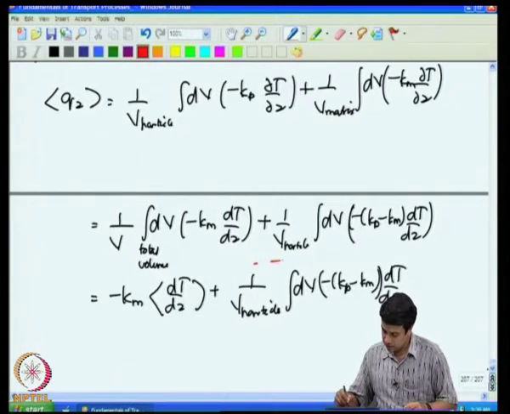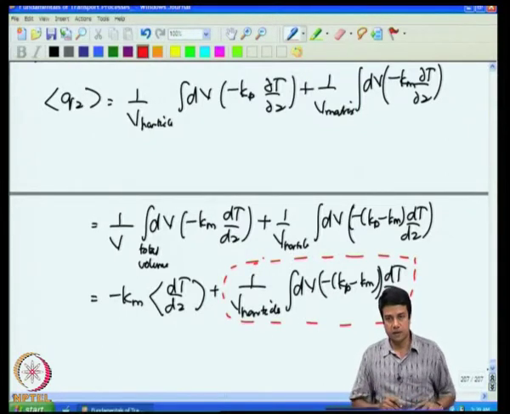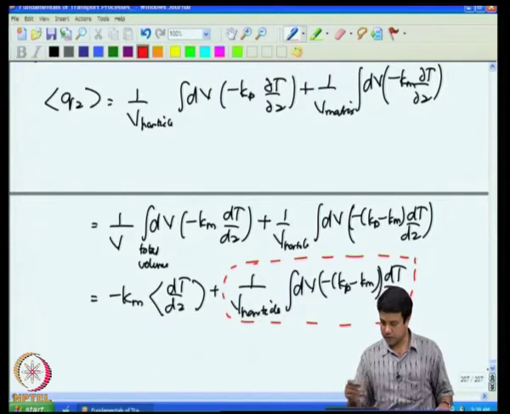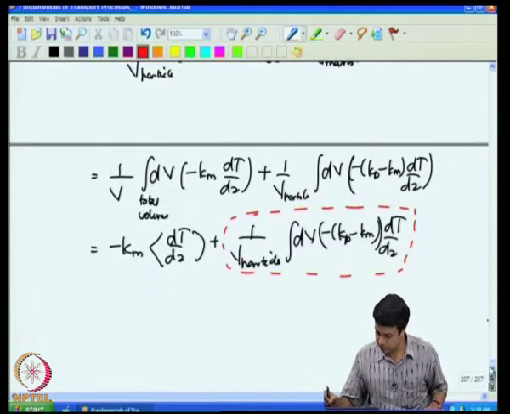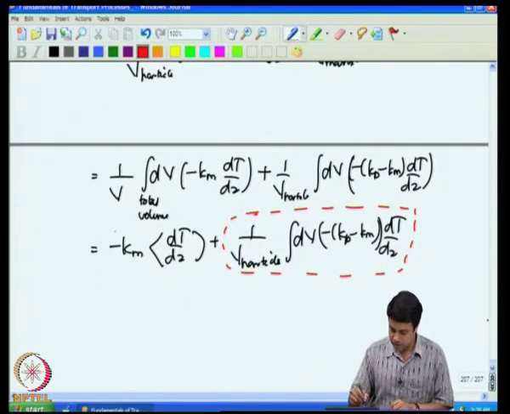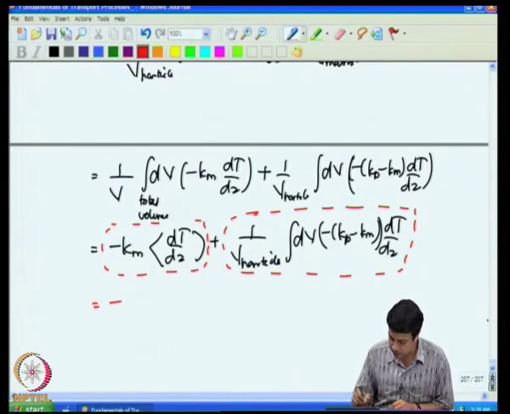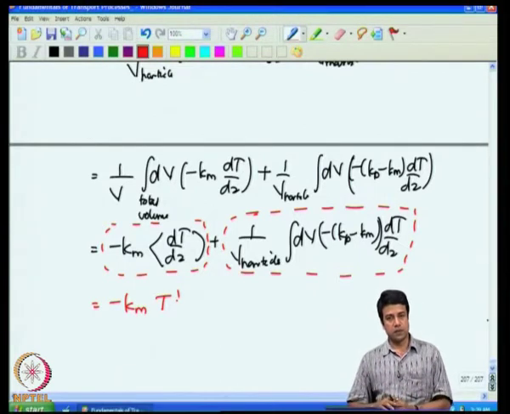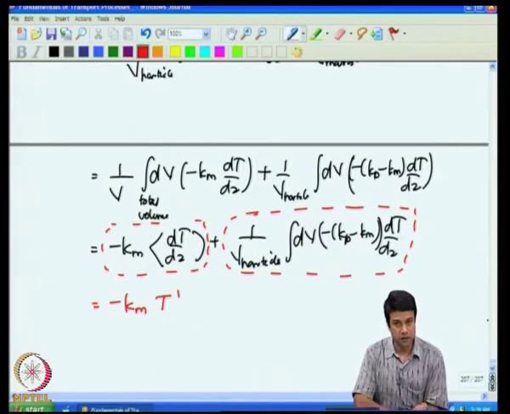So, this second term gives me the correction to the heat flux due to the presence of the particle. This first term is just the average contribution of the matrix. This is just equal to minus Km times T prime, the heat flux due to the imposed temperature gradient, and the second term gives me the additional contribution due to the presence of the particles.